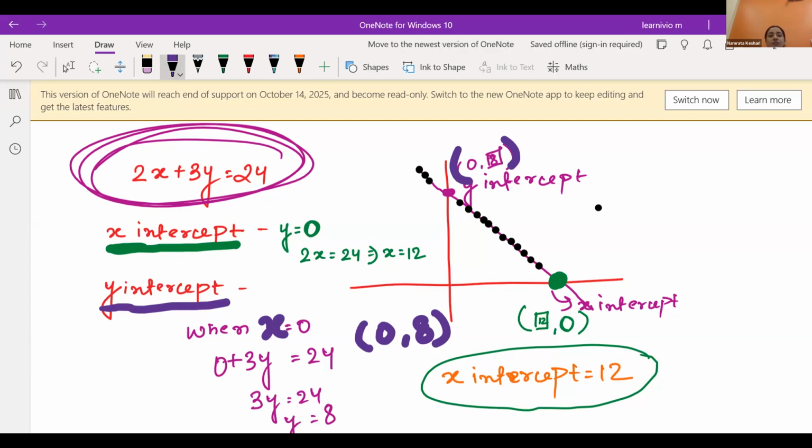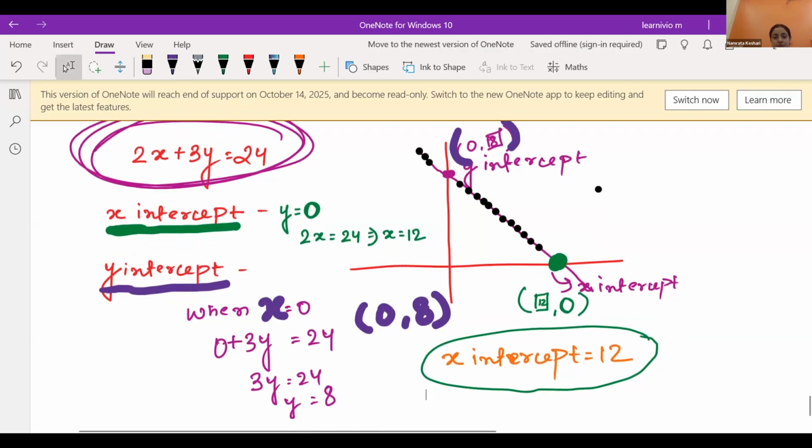Don't try memorizing the formula that for finding the x-intercept we have to take y as 0, and for finding the y-intercept we have to take x as 0. Rather, try understanding why we are taking y as 0 over here and x as 0 over here. Is it clear to all of you? Yes.